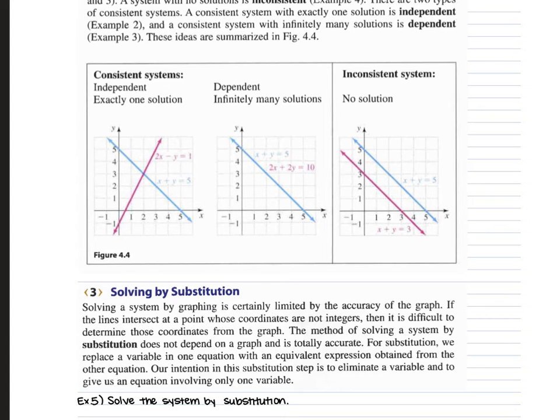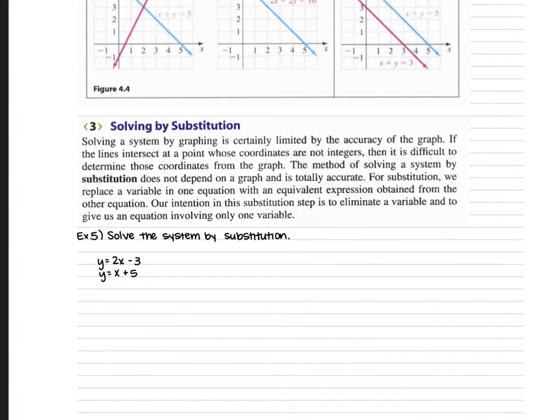So when we solve by substitution, we're going to be given two equations like we were with graphing. However, with one of those equations, either you're going to be solving for a variable or that variable is already going to be solved for. If we look at example 5, we have y is equal to 2x minus 3 and y is equal to x plus 5.